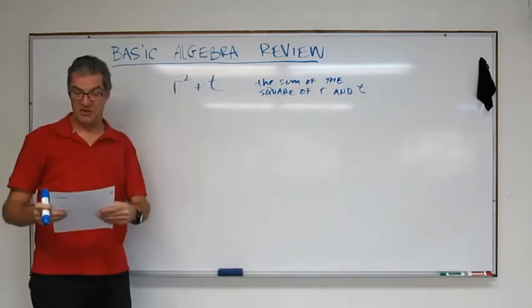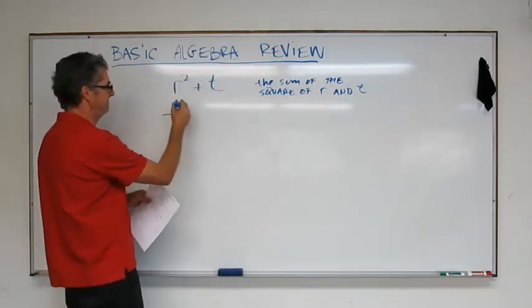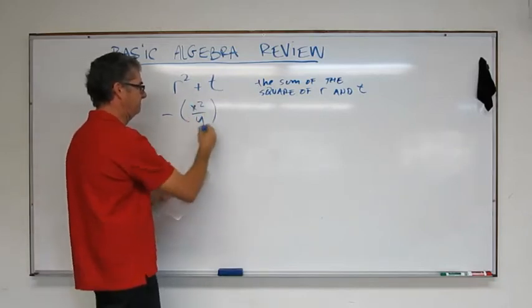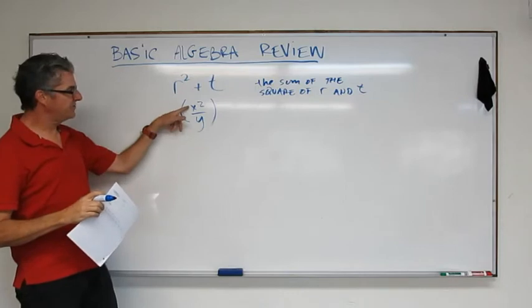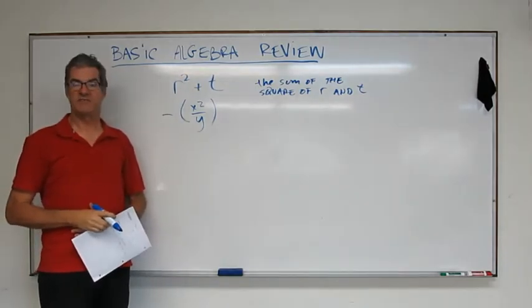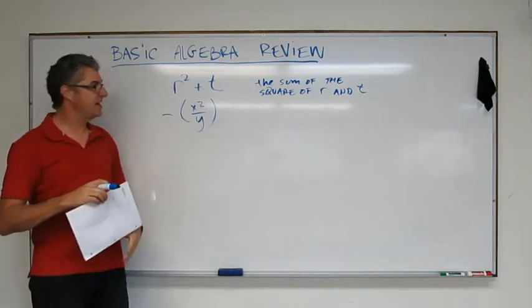Okay, let's do another one. Okay, so this is minus x squared over y. Pause the video, convert that to words, come back and see how you did. Okay, let's see how that works.